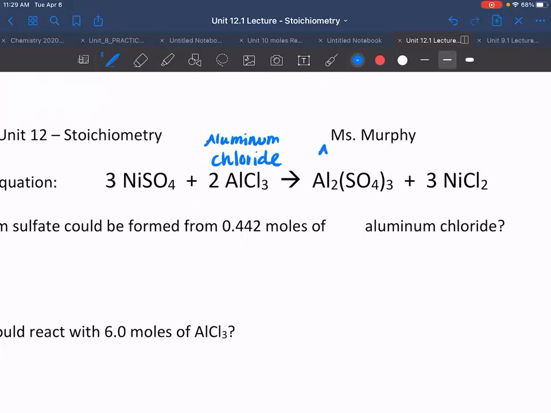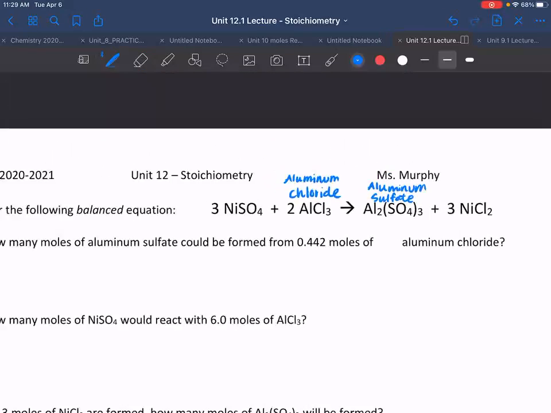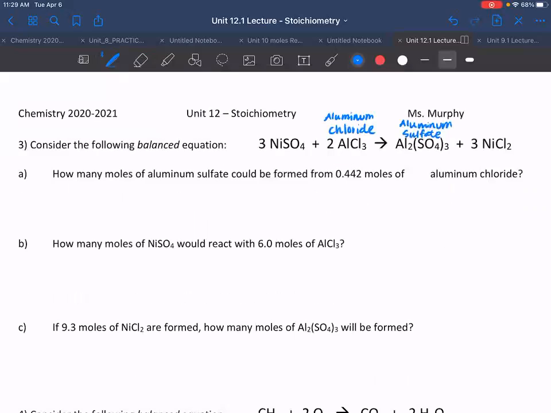And then this product is aluminum sulfate. So for this one here, it's wondering if we start with 0.442 moles of aluminum chloride. So that's where I'm going to start my conversion.